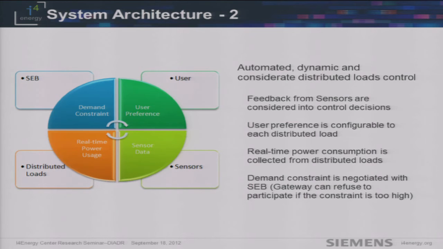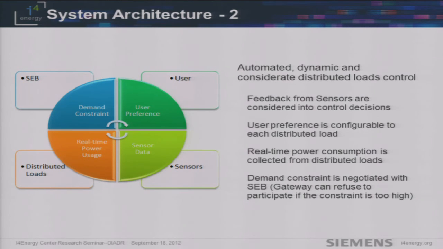If it's already very low, then it doesn't make sense to turn off every light, so in that case I would not turn off the lights. And of course, the real-time power usage of each of the appliances would be taken into account. With all those constraints and preferences, the gateway would try its best to meet the demand constraint sent from the SEB.